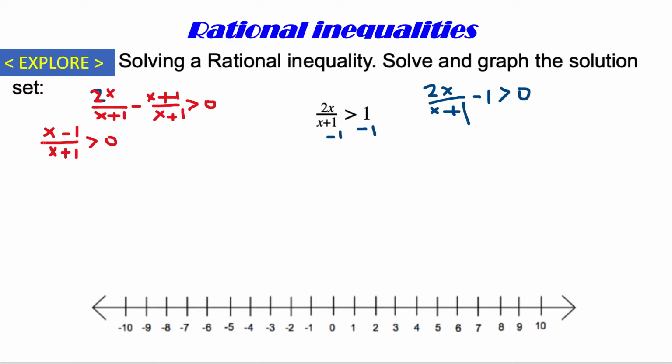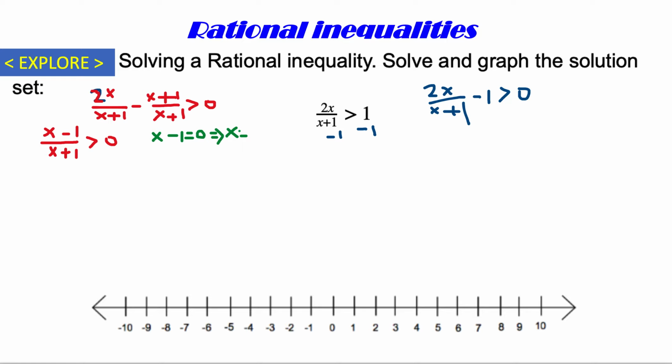And now I'm going to take x minus 1 and equate it with 0, because I want to find those regions. X minus 1 equals 0, and solving for x, x is going to be equal to 1.